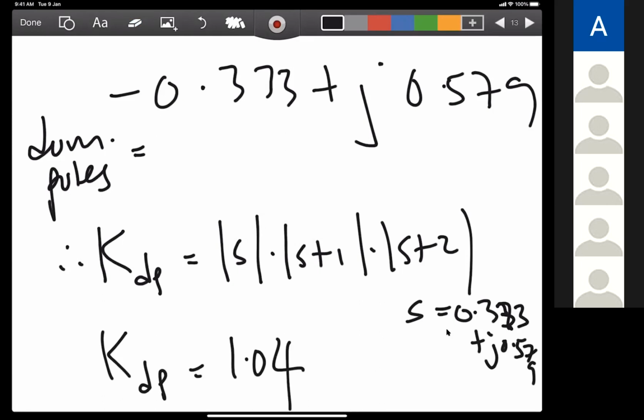Got it? You got it? The gain K and all the closed loop poles. What are all the closed loop poles?